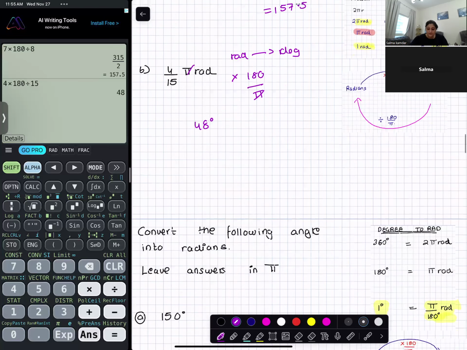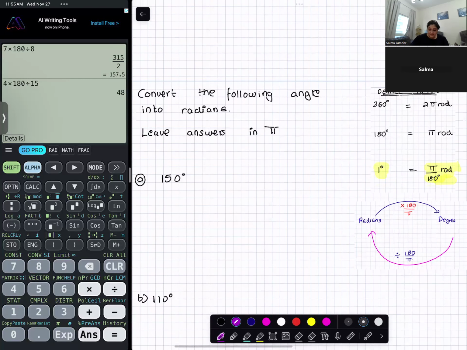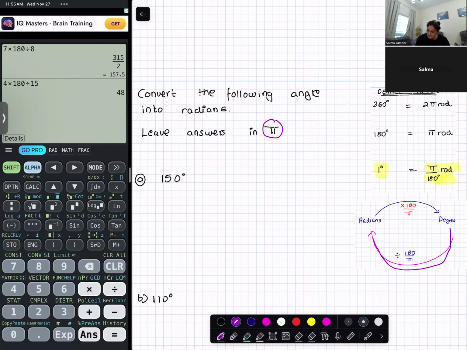Now you want to convert the angles into radians and you want to leave the answer in pi. So if you want to convert your degree into radians, you're going to divide it by 180 over pi, or I could say you can multiply by the reciprocal of it, and you want the answer in pi.